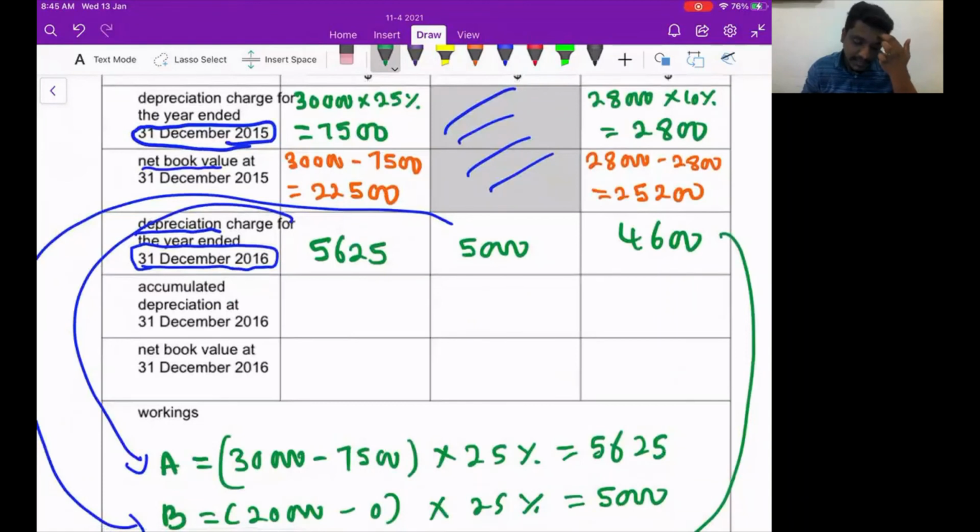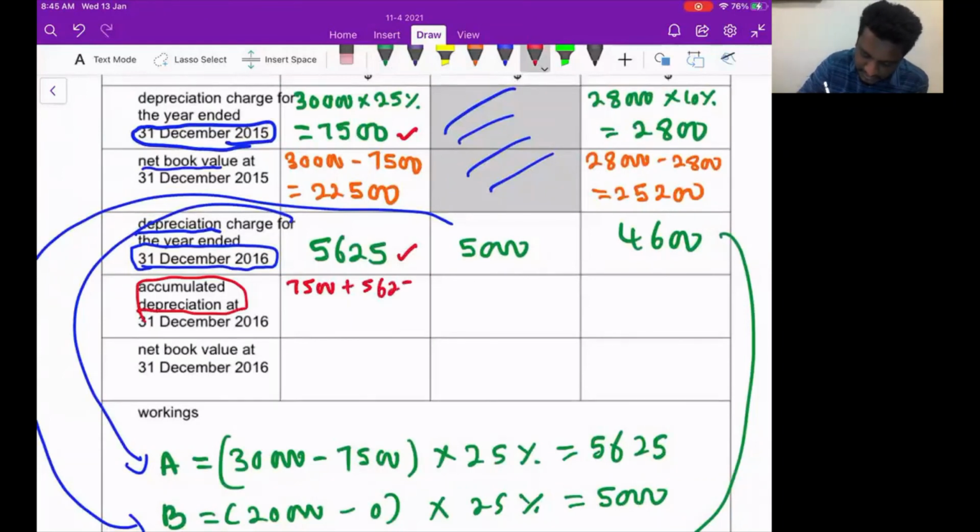Okay, next the question asks me to calculate accumulated depreciation. How to calculate accumulated depreciation? You total up all the depreciation. Last year was 7,500. This year was 5,625. I add together 7,500 plus 5,625 and get 13,125.